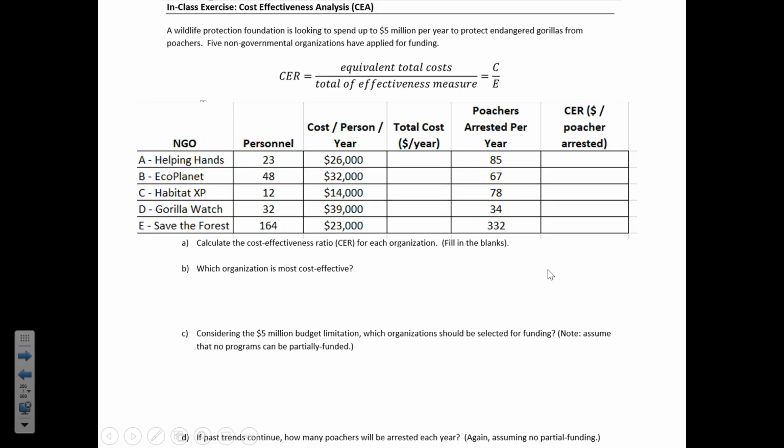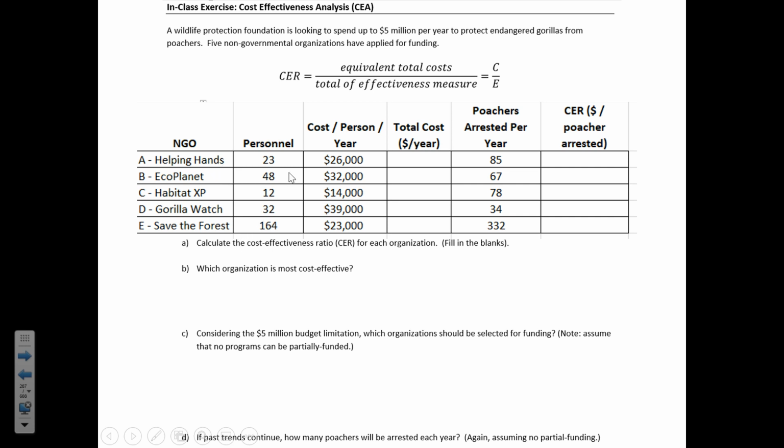And what we're going to do in today's in-class exercise is look at 5 different options, 1, 2, 3, 4, 5, for protecting endangered gorillas. We've got an overall budget of $5 million per year. And we have some data about each one of these organizations.